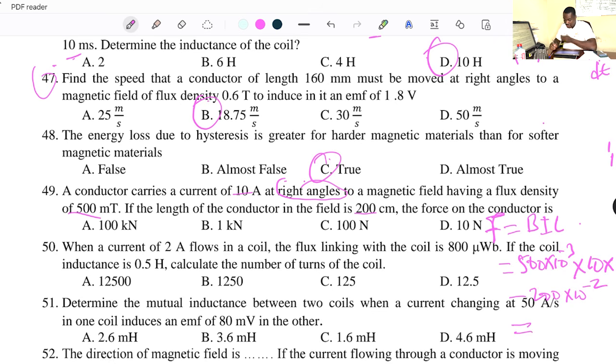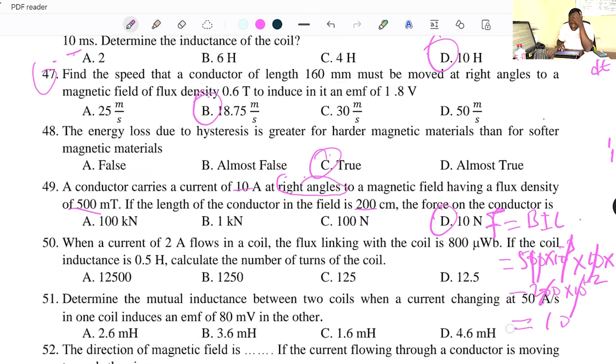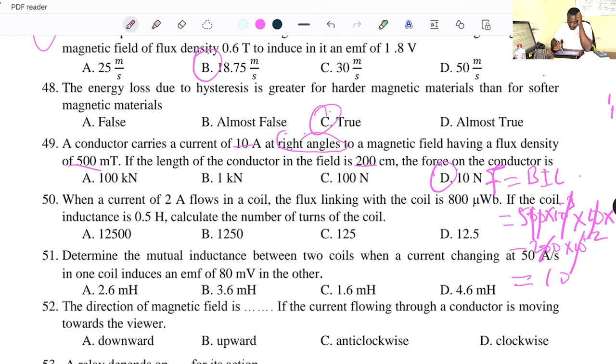So we can do some cancellation and this will just be 2. Then this will cancel this, so we just have 10. So the answer here will be 10 newtons. The answer here is D. Okay. Moving on to the next question.